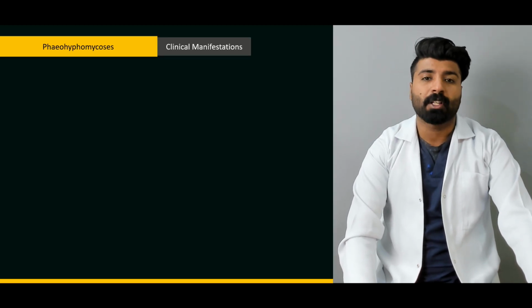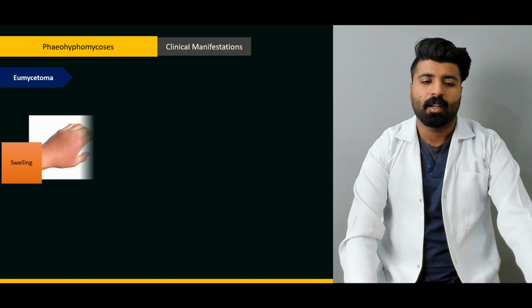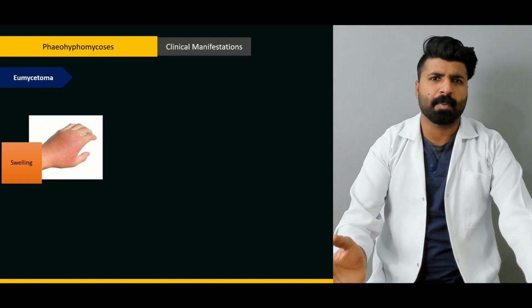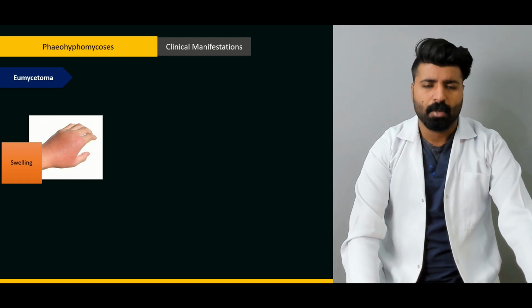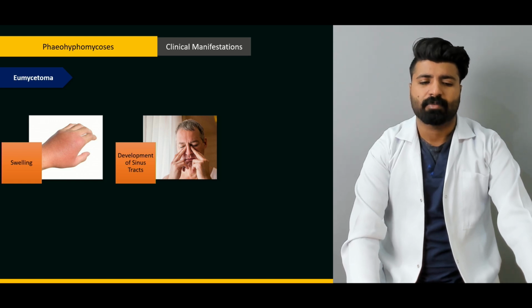So, what are going to be the clinical manifestations regarding this pathology? Eumycetoma will be causing what? Swelling. It will look like cellulitis. It will look like the patient is developing cellulitis, but it's actually eumycetoma. Development of sinus tract. Sinus infections will be coming in.